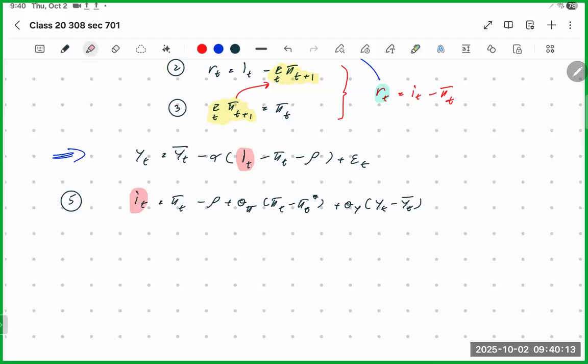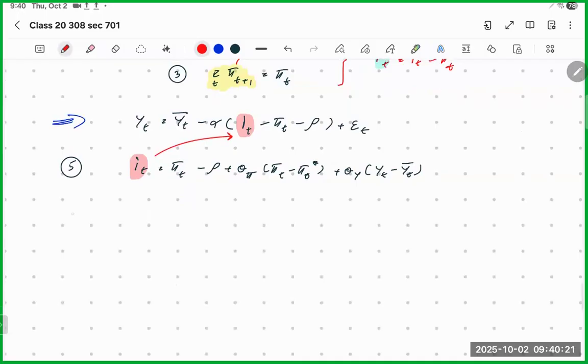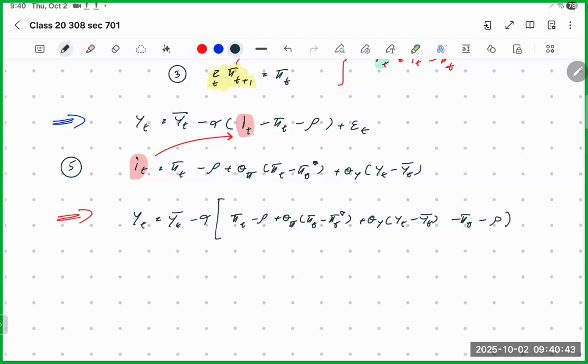I can simply plug equation 5 inside this equation. Then what I'm going to have is YT equals YT bar minus alpha, big bracket, pi T plus rho plus theta pi, pi T minus pi T star, plus theta Y, YT minus YT bar, minus pi T minus rho, close the bracket, plus epsilon T. Pretty long, right?